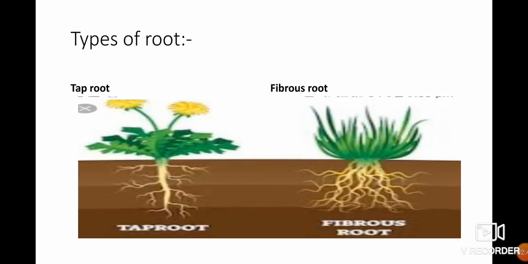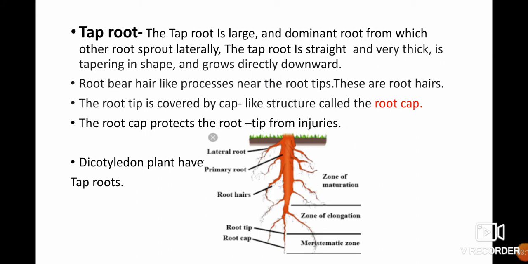Next slide. See the types of roots now. The first type you are observing is taproot, the second is fibrous root. See the proper difference you are observing here between taproot and fibrous root. In detail we will now see taproot.